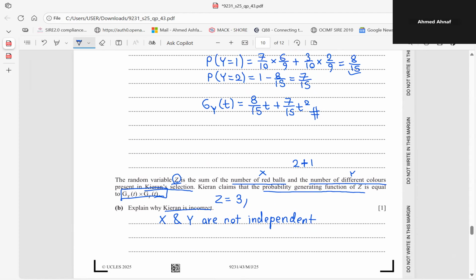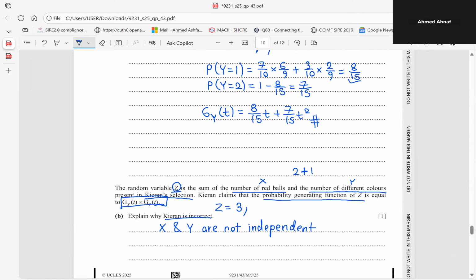And then you can also have just 1 red ball and 1 blue ball, so that is 2 different colors and one red ball.